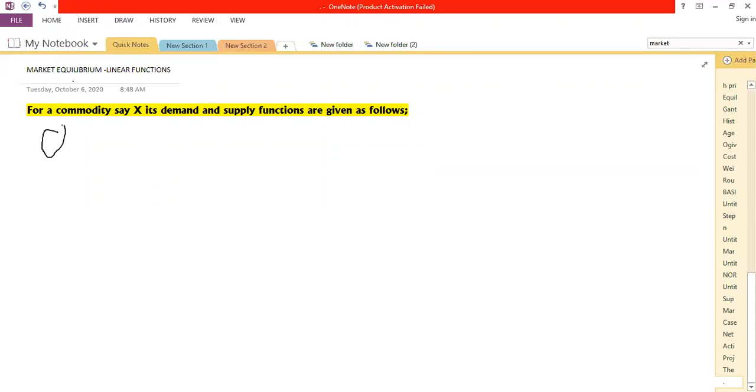So I'll start with the quantity given by the function 20 minus P, and I'll also have another linear function.